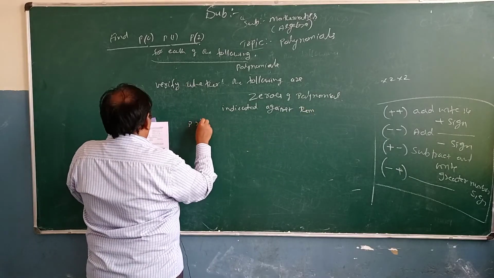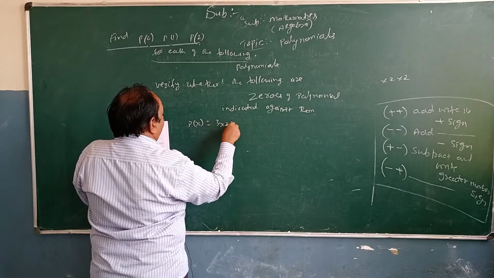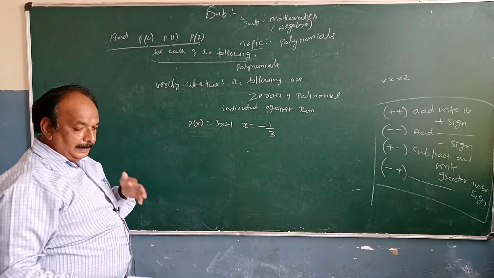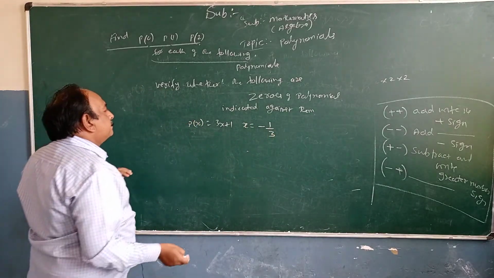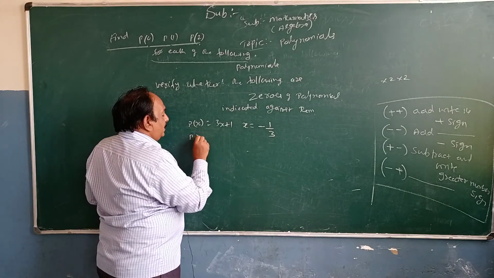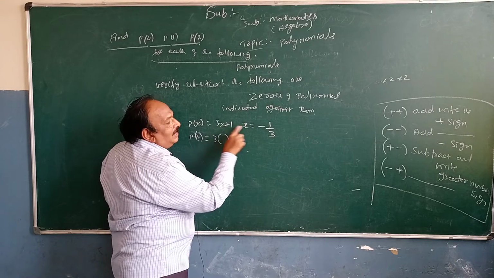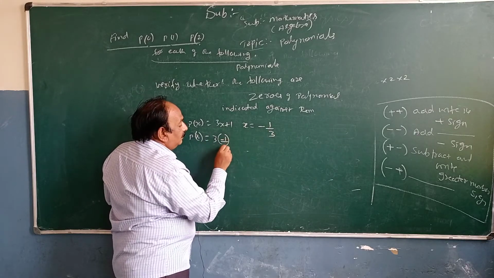P of x is equal to 3x plus 1, x is equal to minus 1 by 3. Okay? P of x is equal to 3 times x; what is x here? Minus 1 by 3, plus 1.